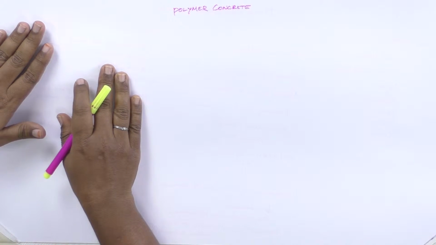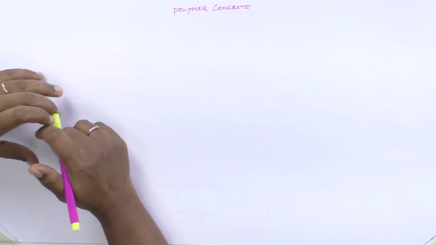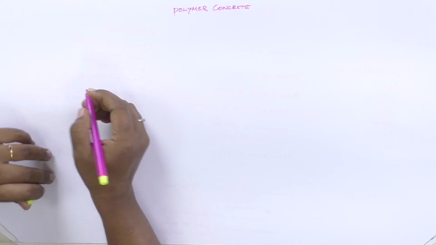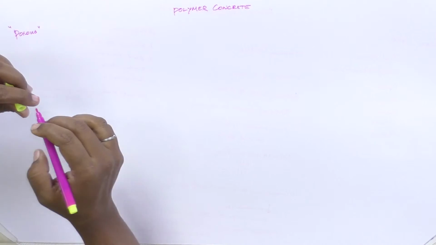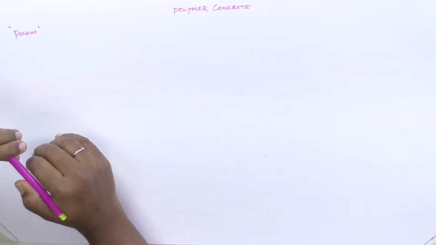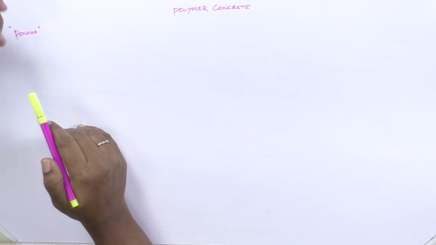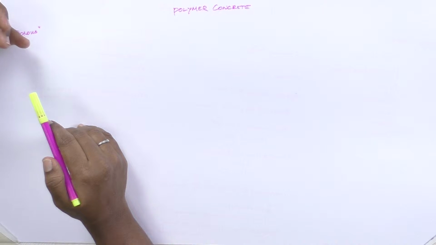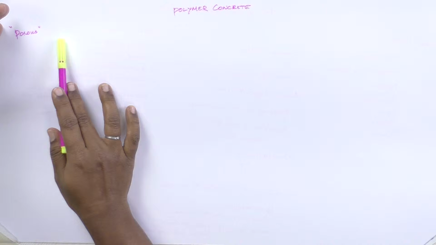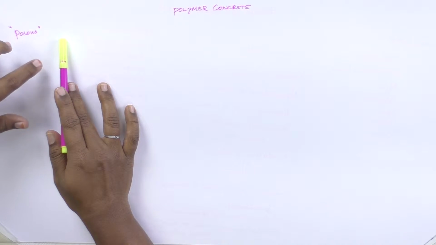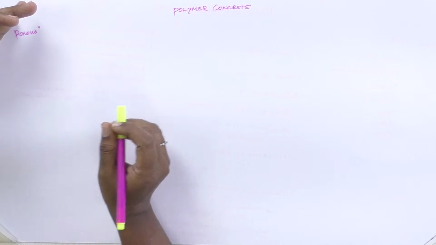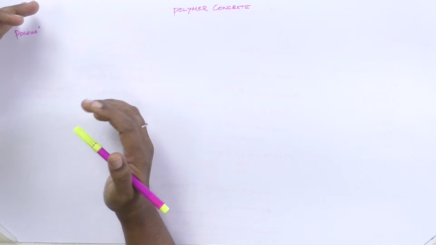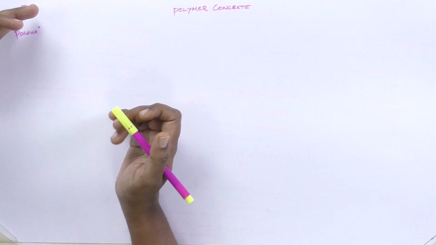In the last lectures, we discussed that concrete is porous in nature, and many researchers have been working to decrease the porosity of the concrete so that its strength can be increased.